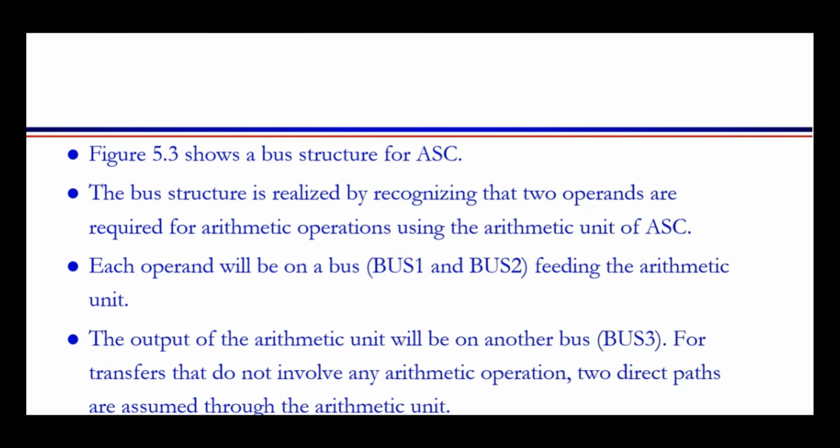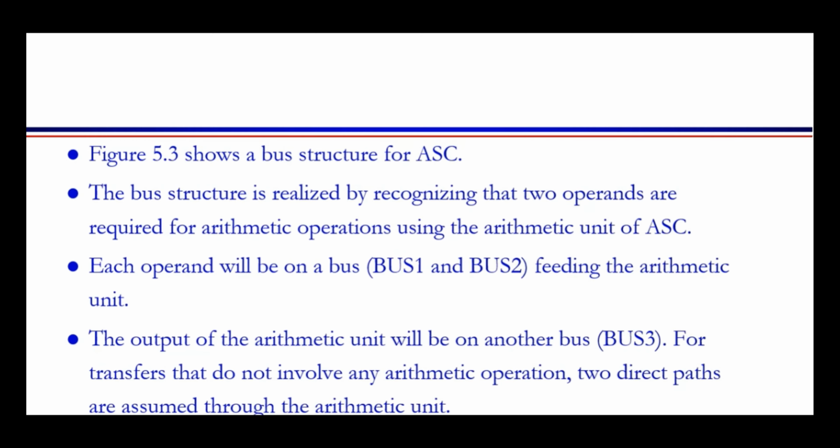That is, we will have three buses: bus number one and bus number two will be used as input buses for the arithmetic unit, that is ALU, and the arithmetic unit will generate the output with the help of another bus, that will be bus number 3.